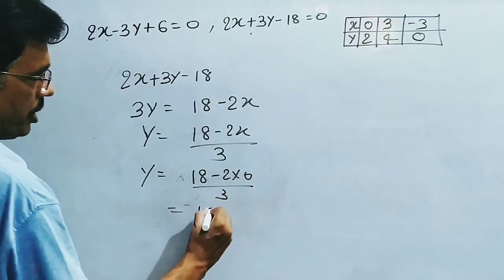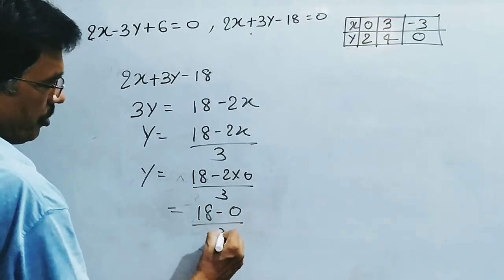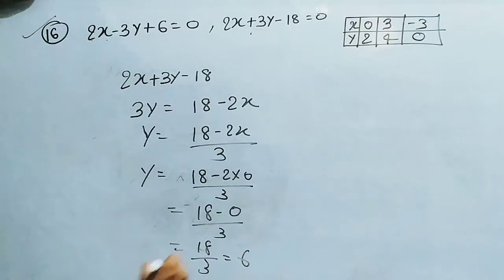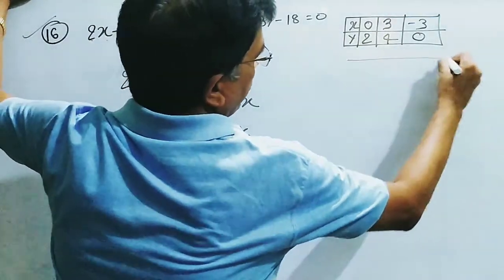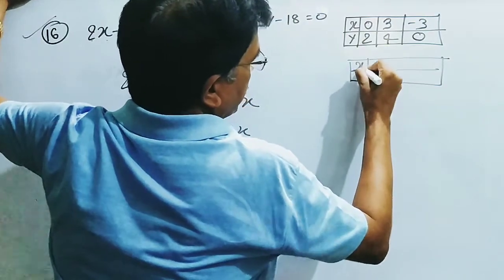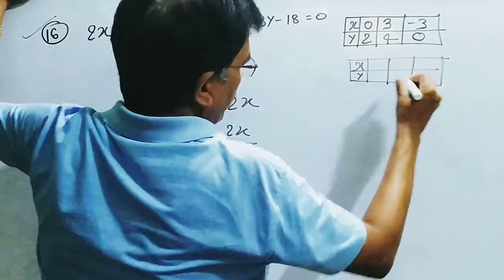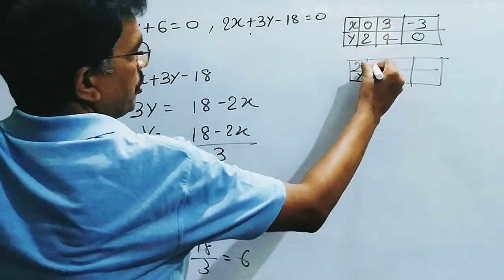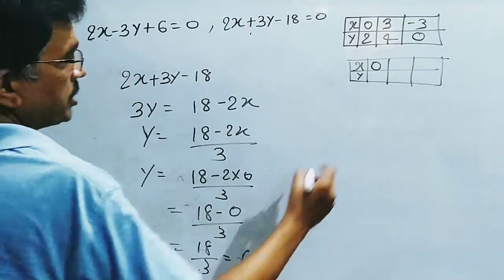Then what do you get? 18 minus 0 by 3, that is 18 by 3, which is 6. So you draw another table with three columns, x and y. If x is 0, then y is 6.